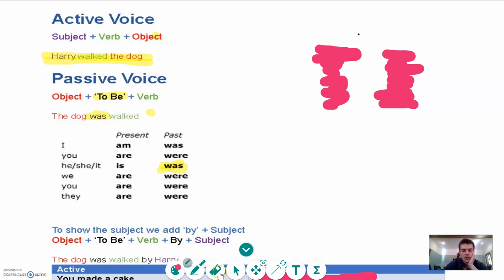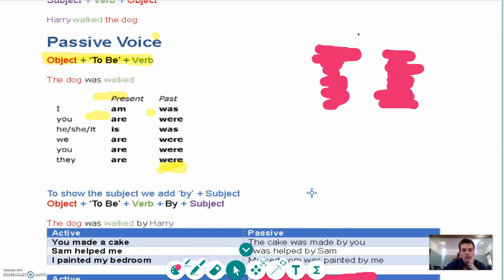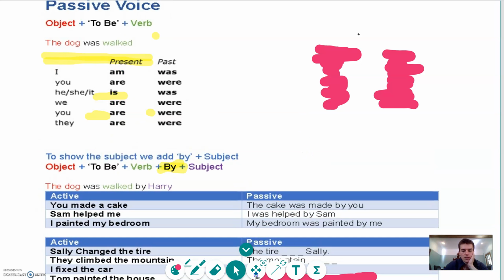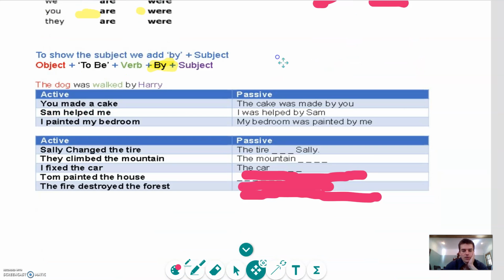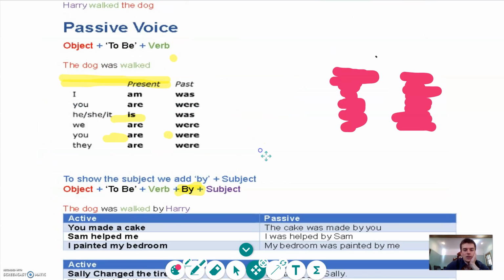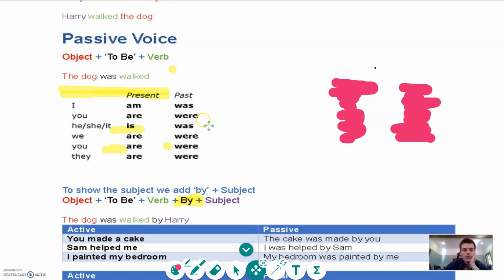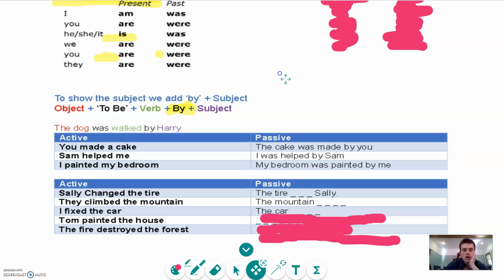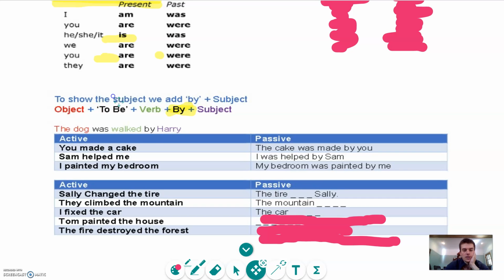This leads us nicely on to what we do when we want to include the subject still. Okay, so when we want to include the subject who did the action, so here, Harry, we need to include by. So we go from the object, which is dog, goes to the start of the sentence.